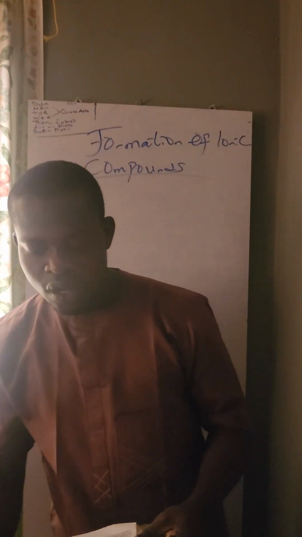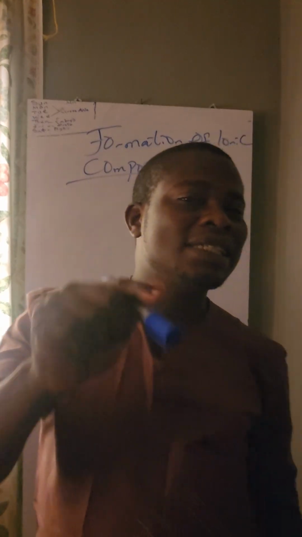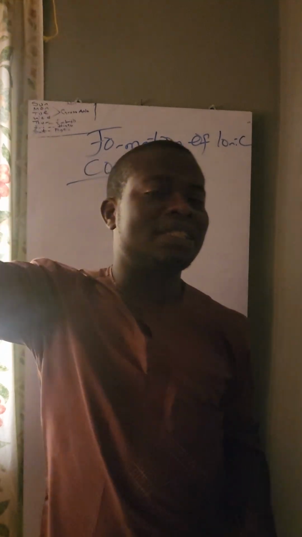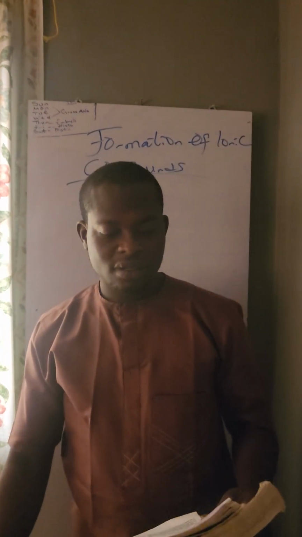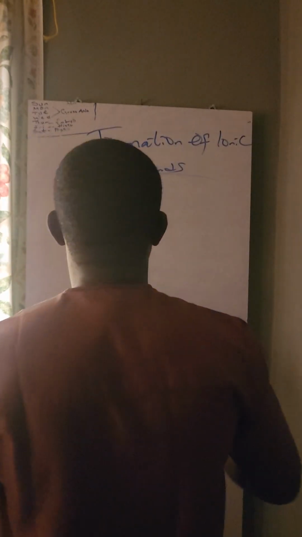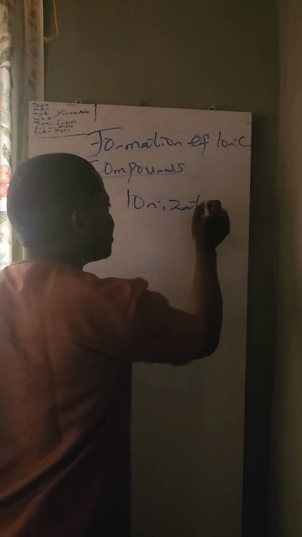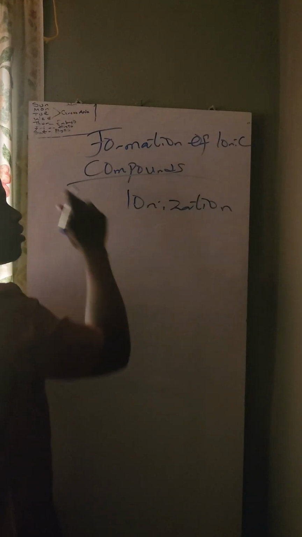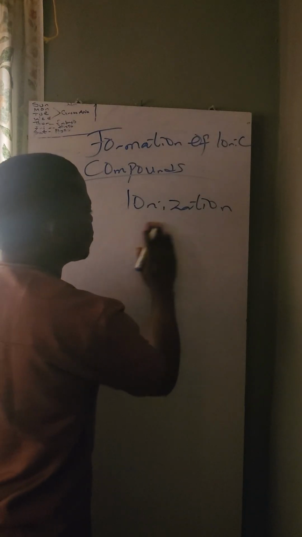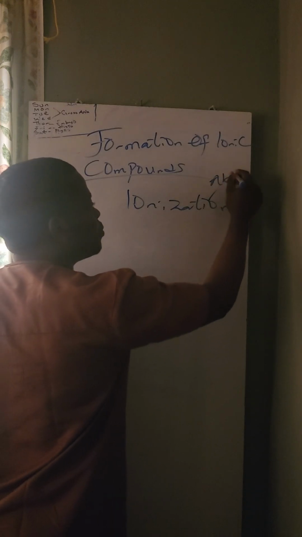Thank you guys. Okay. Now, when they are combining, the heat liberated, that is, released. The heat liberated during the process is called lattice energy. I've mentioned ionization energy, the energy absorbed by metal.